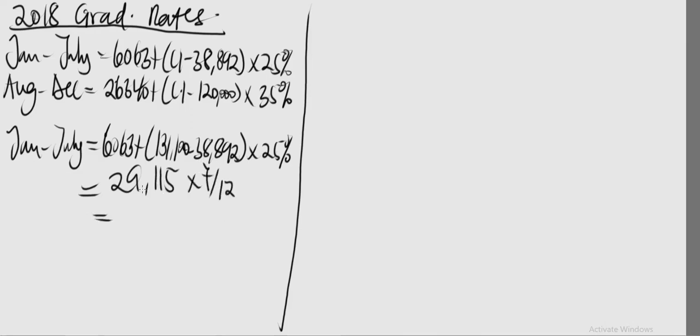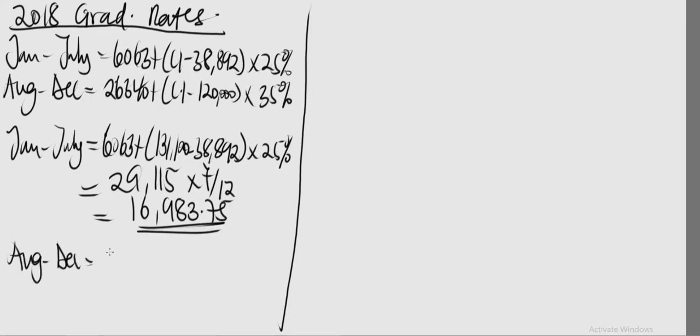So 29,115 by 7/12 gives us 16,983.75. Okay. Now let's do from August to December.